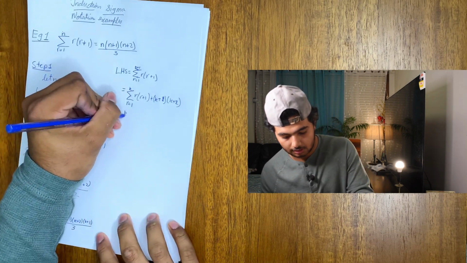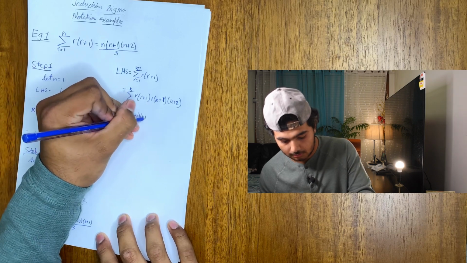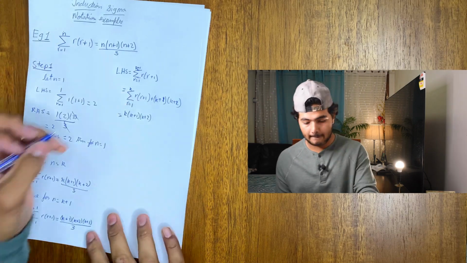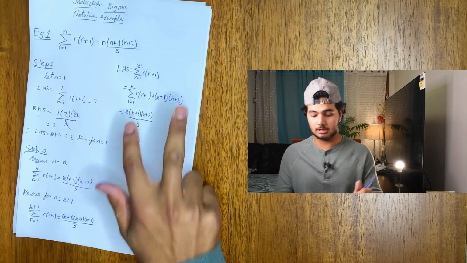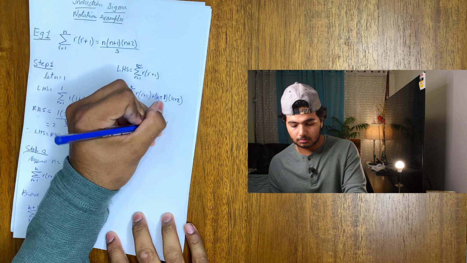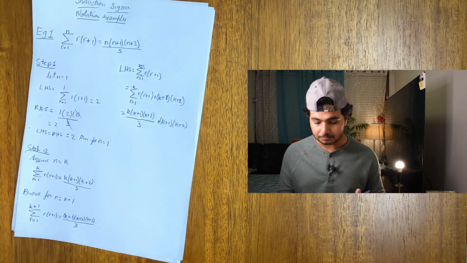We have k brackets k plus 1, k plus 2, all upon 3, plus k plus 1, k plus 2 in this case.